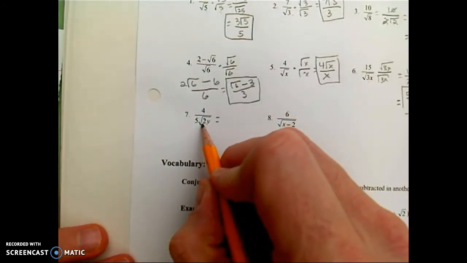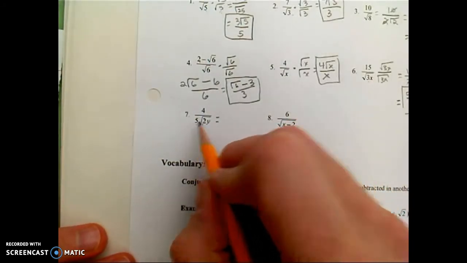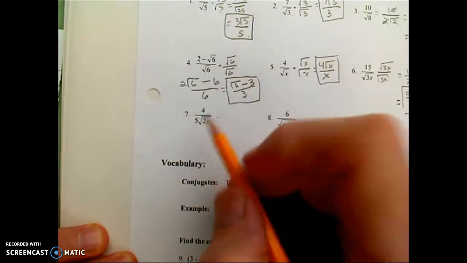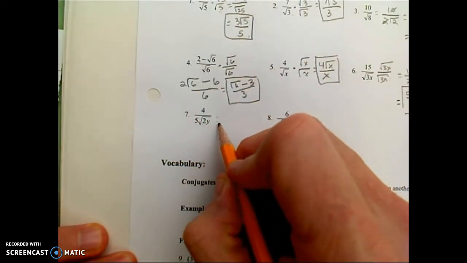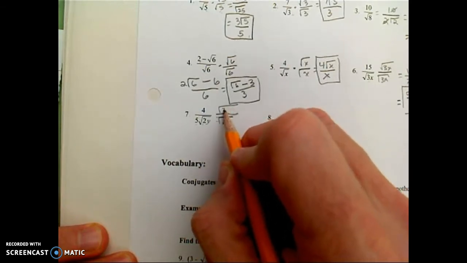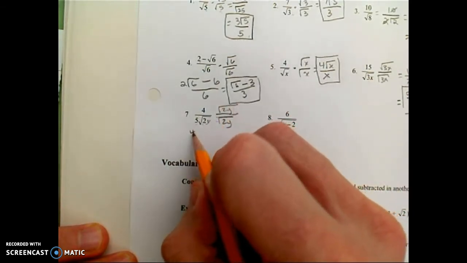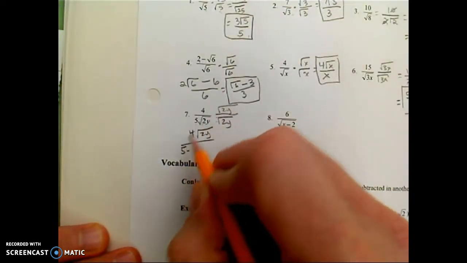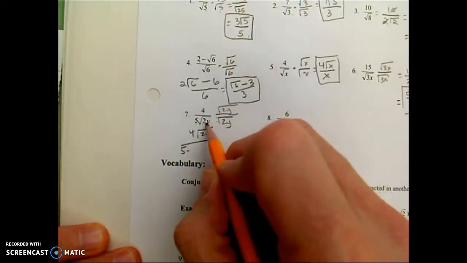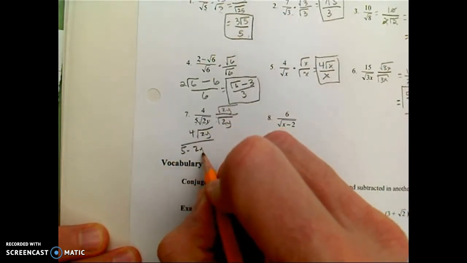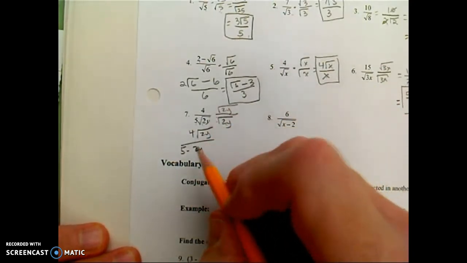Now here, do I need to multiply by the 5 that's outside the radical? I don't. I just want to go ahead and see if I can rationalize the square root of 2y. So I'm going to multiply by square root of 2y in the denominator and in the numerator. So 4 times the square root of 2y in the denominator, 5, and then the radicand, when I square it, comes outside of the radical.